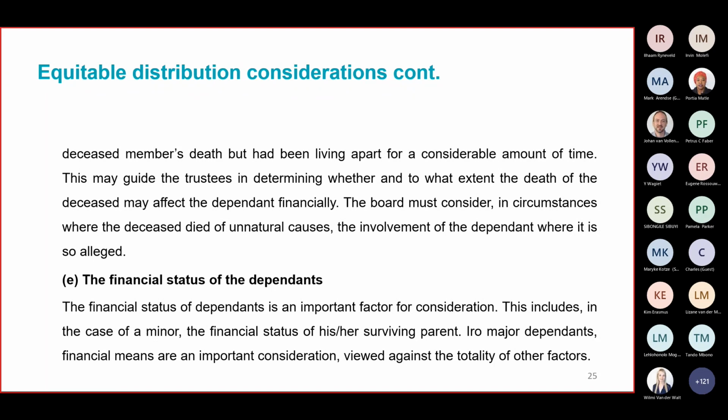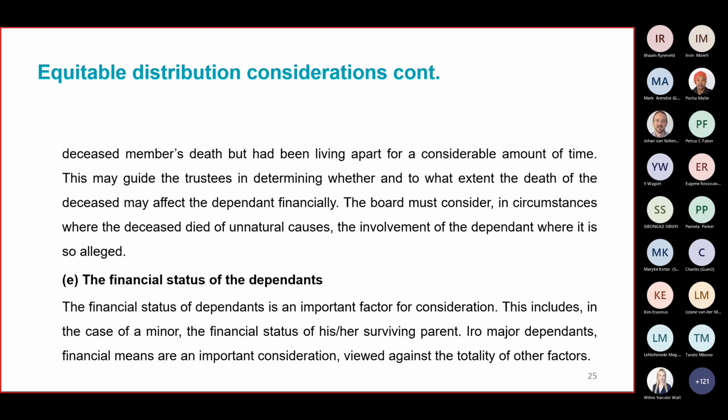The board must consider in circumstances where the deceased, for example, as we sometimes find, died of unnatural causes, where there was the involvement of the dependent. As you may know, die bloedige hand neemt geen erfenis.